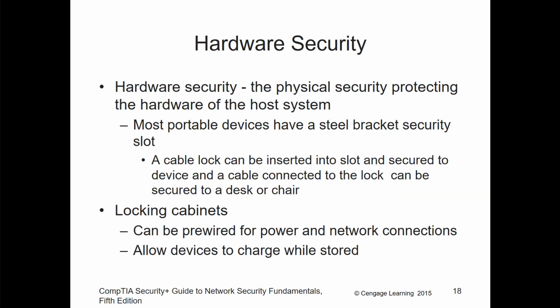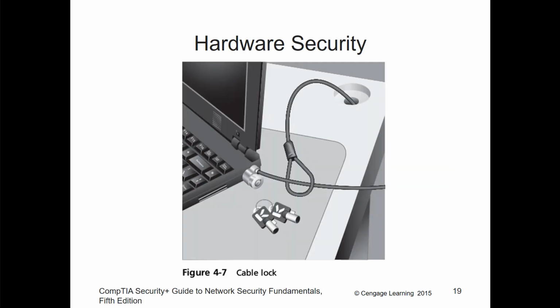We also have hardware security, and that deals with the physical security protecting the hardware of the host system. Again, locking cabinets, locks for the devices themselves. Here's an example. That way you cannot just walk off with the device as it is hardwired or locked to the table.